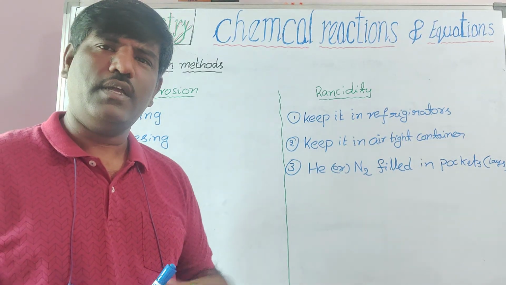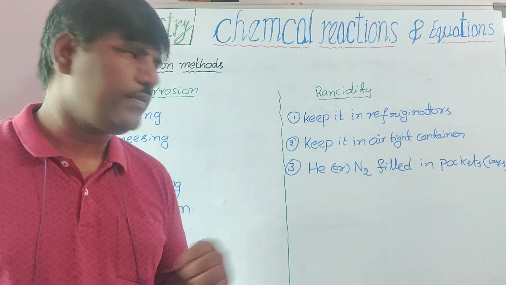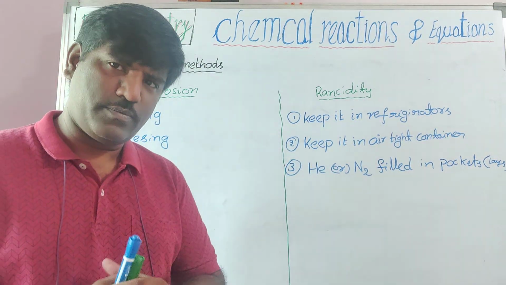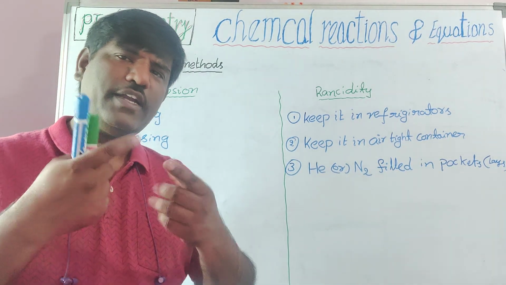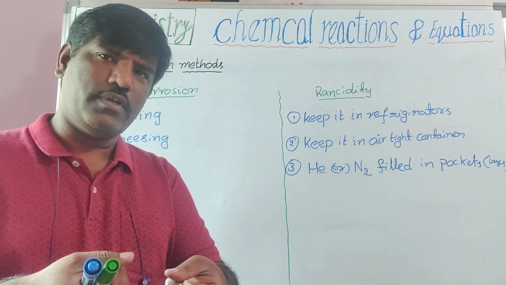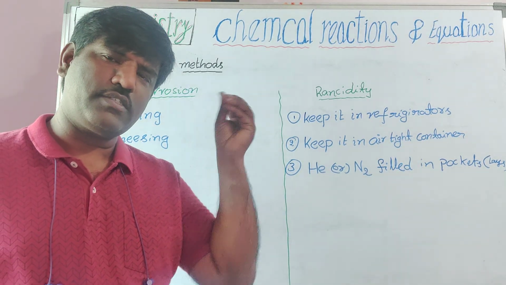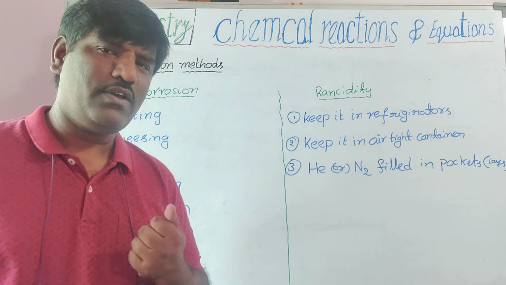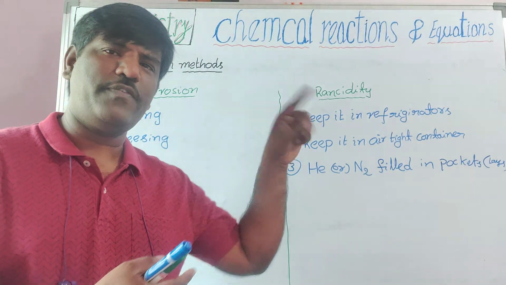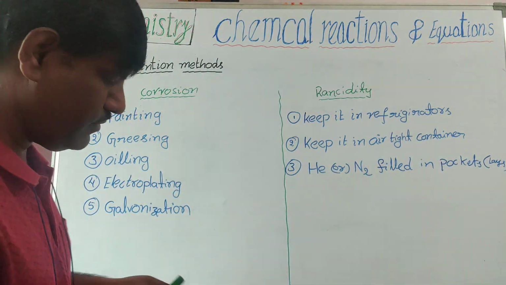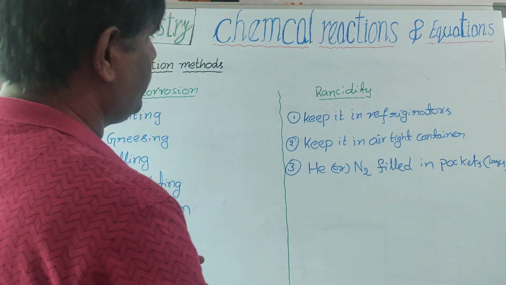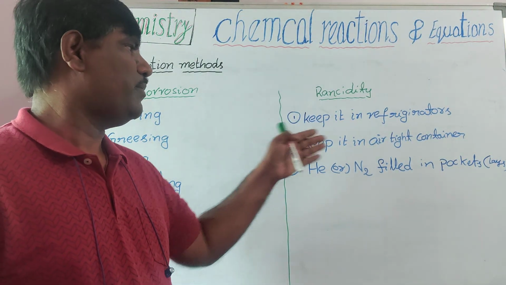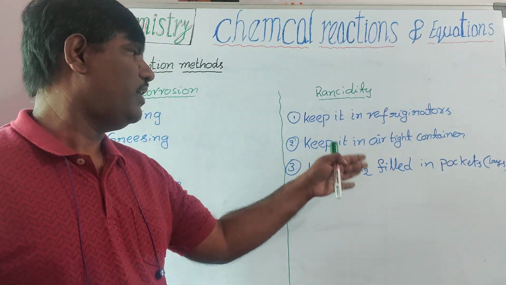Helium is a noble gas. Nitrogen has a triple bond between the two nitrogen atoms, so its bond will not break easily. So if any atmospheric gas, oxygen, enters the packet before contacting the food, it will catch that and get oxidation, and it will protect the food like that. These are the methods: keeping in refrigerators, keeping in airtight containers, and filling helium or nitrogen gases.